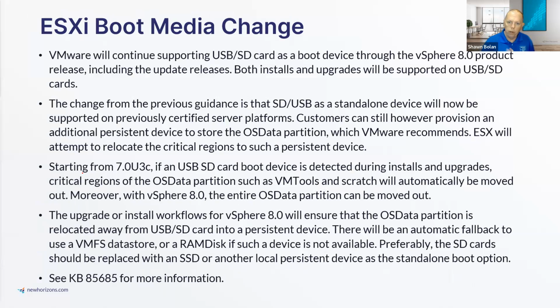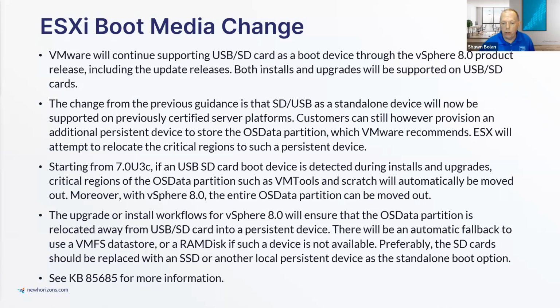What happened when vSphere 8 was launched is VMware put out some guidance that basically said, we're deprecating that. We're no longer going to support you, the customer, installing ESXi onto an SD card or USB media. You have to install on a persistent disk, basically a real disk. Now, when VMware put out that guidance, it kind of freaked a lot of customers out.